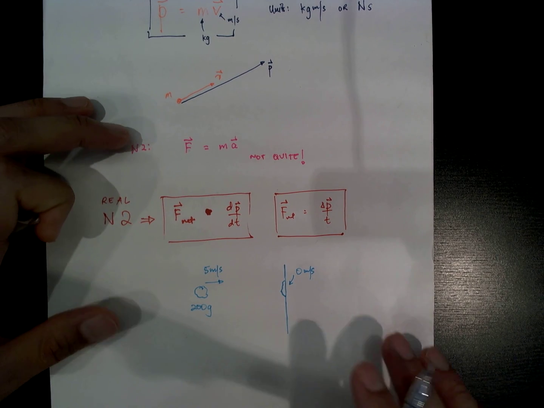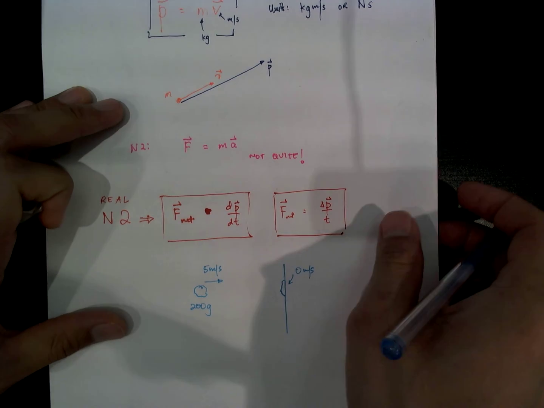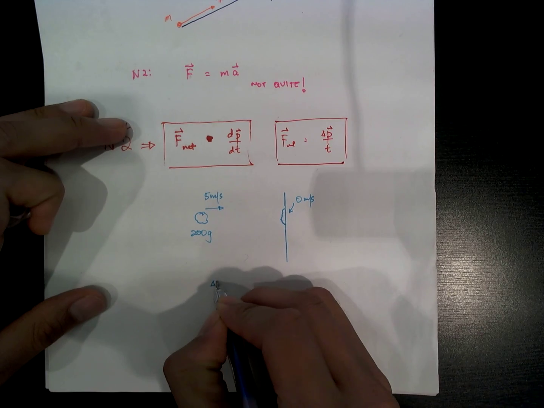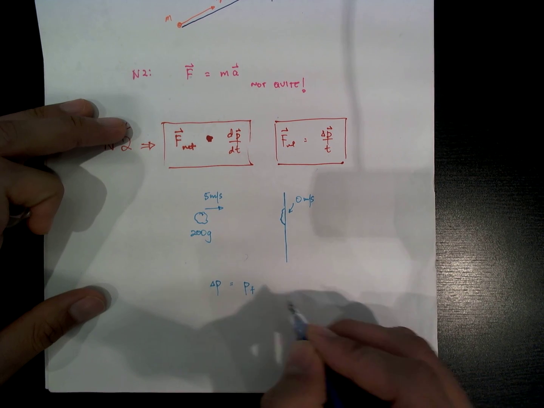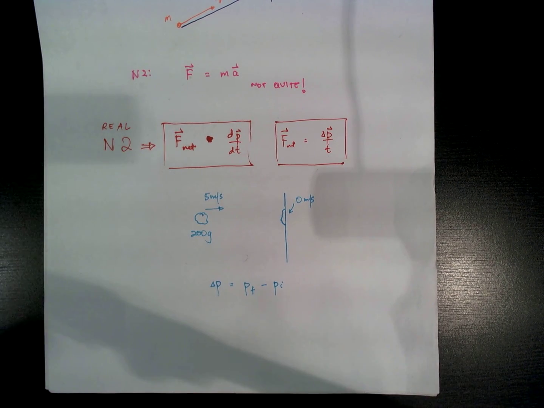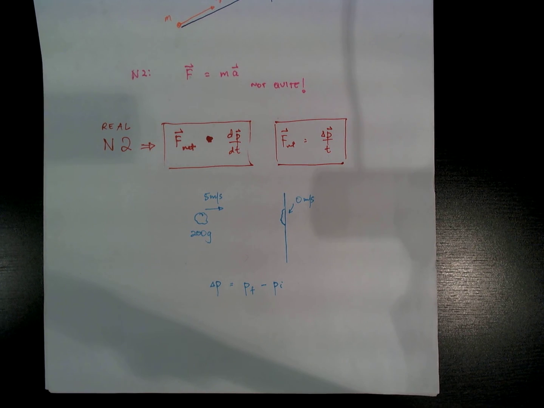Whenever you take the change in something, you basically just take the final value of the thing and subtract the initial value. So for example, if your temperature goes from 20 degrees Celsius to 50 degrees Celsius, the change is 50 degrees minus 20 degrees, which gives you 30 degrees.